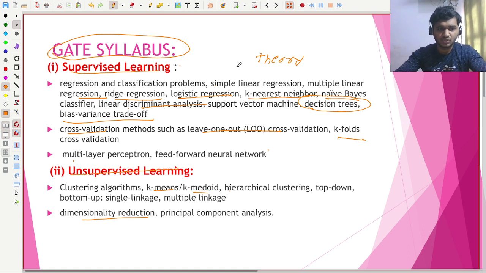So if you have a doubt: our syllabus is only theory part, why do we discuss practical implementation? While theory provides the necessary foundation, practical implementation is where we truly solidify our understanding by coding and experimenting with machine learning models.